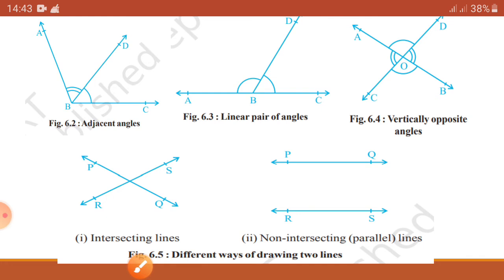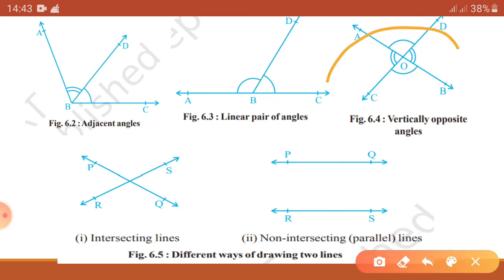The next part is vertically opposite angles. Vertically opposite angles are formed when two lines, here AB and CD, intersect each other at the point O. There are two pairs of vertically opposite angles.